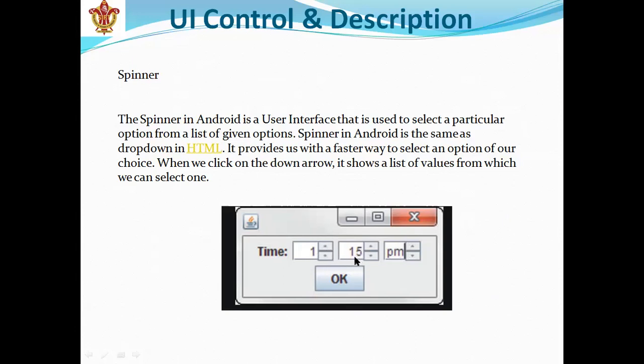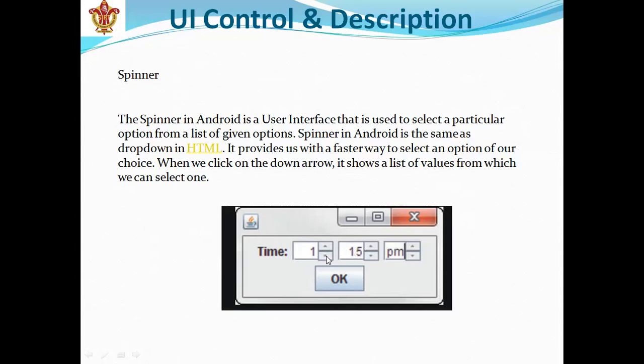We can select 1:25 by these drop-down arrows. We can select the AM or the PM according to the time. We can move up and down. This up and down arrow is called the spinner in Android.